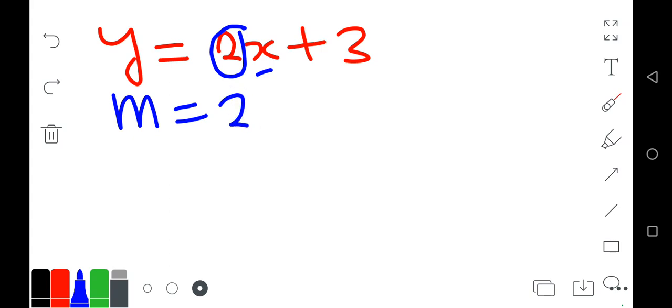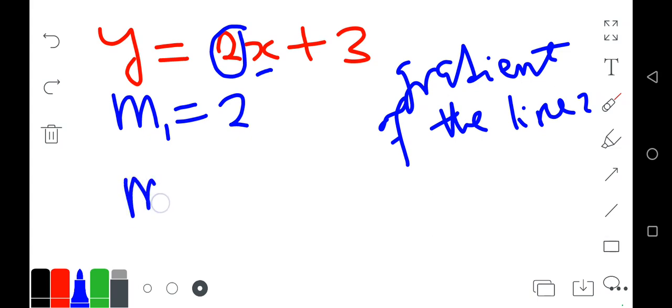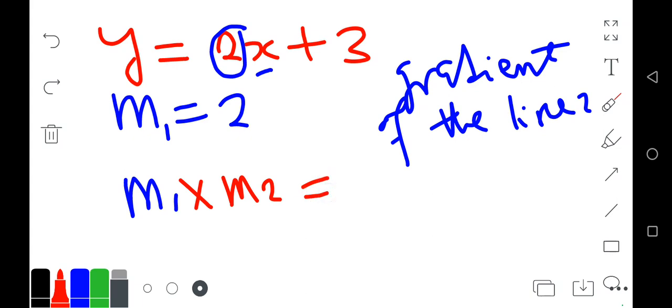Now, if I want to find the gradient of the second line, of line 2, let's say, you have to use that equation. So gradient 1 multiplied by gradient 2 is equal to -1.